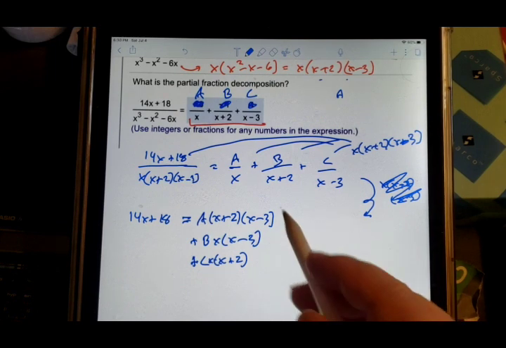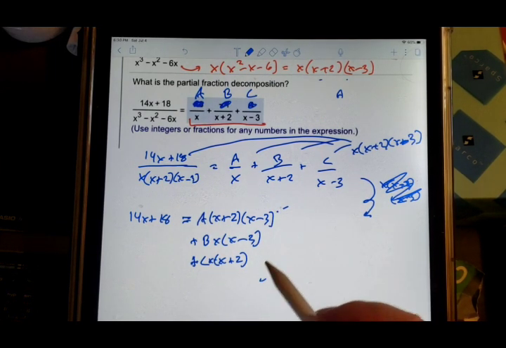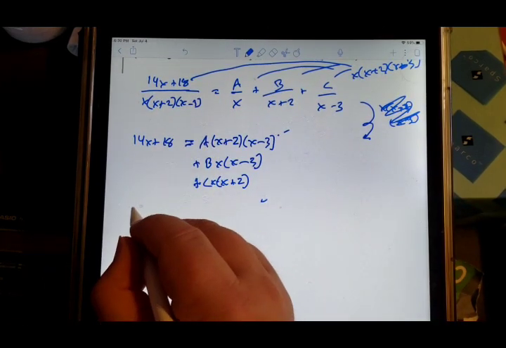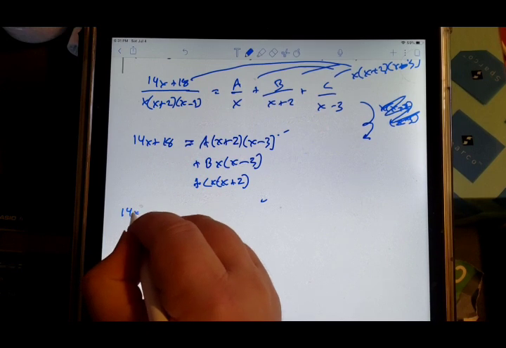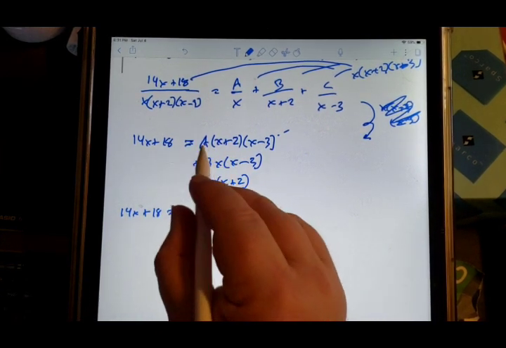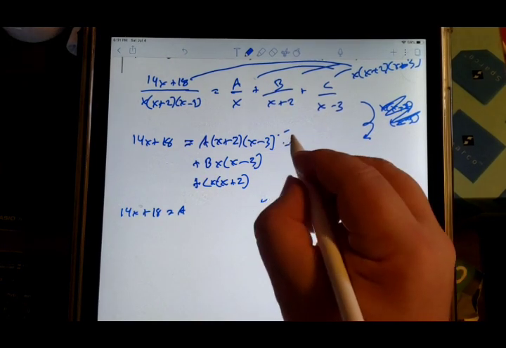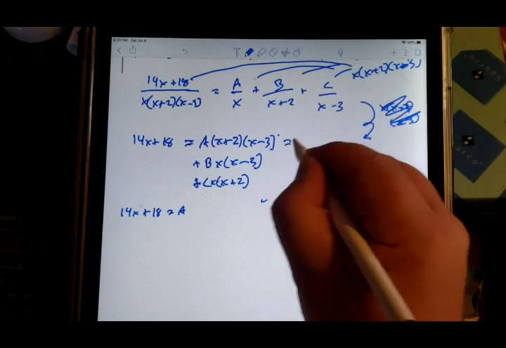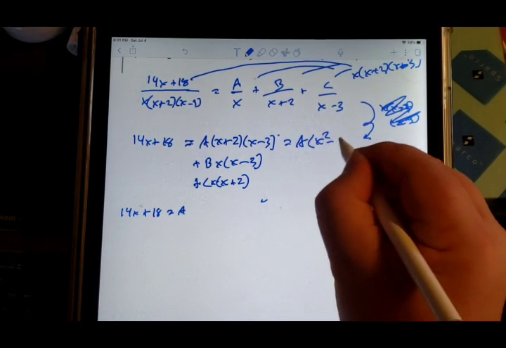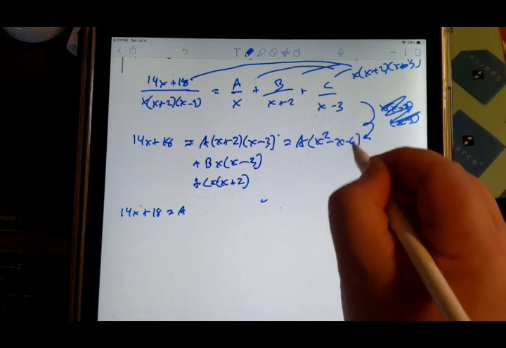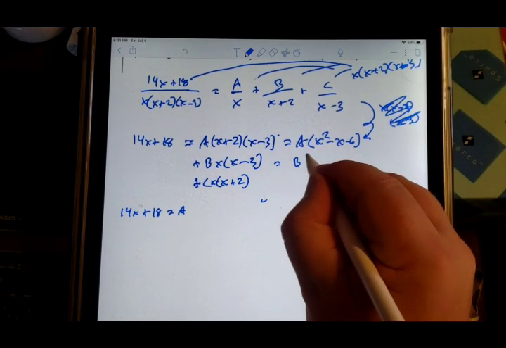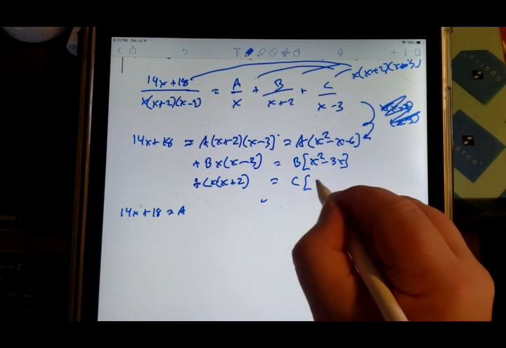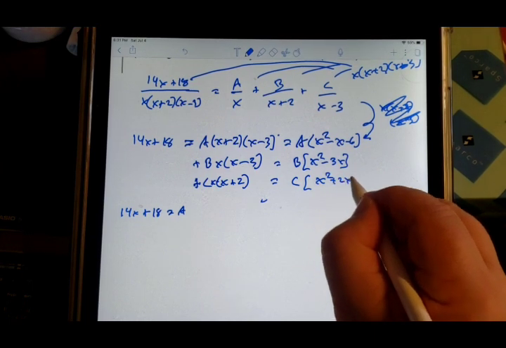All right, so that's what each individual term gives me when I clear the fractions. So to put it together, it's 14x plus 18 equals, let's write this out so they have the space, a times x squared minus x minus 6. This is b times x squared minus 3x, and this is c times x squared plus 2x.